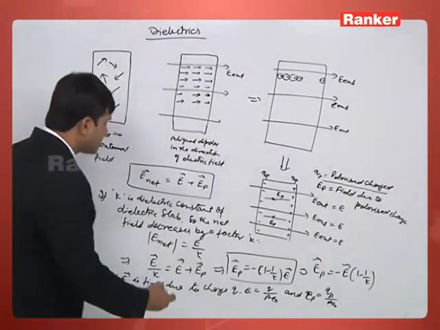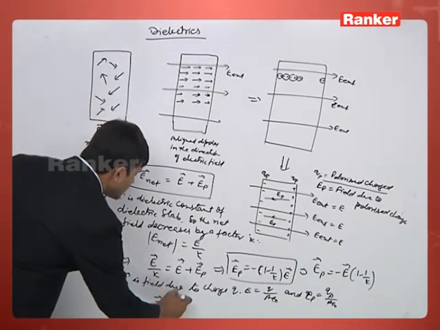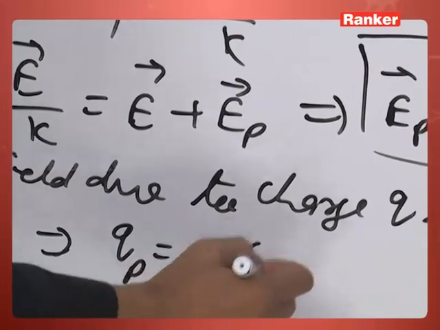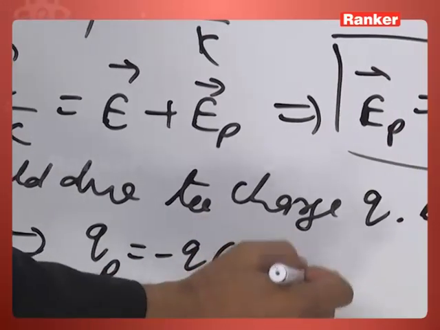So that gives us the polarized charge equal to minus Q times (1 minus 1 by K).